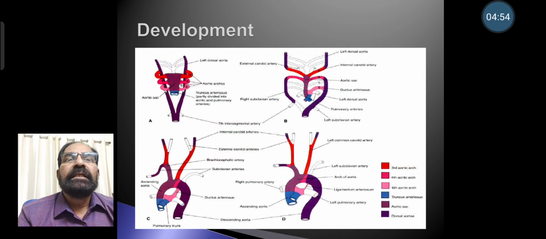So you can see the 4th aortic arch giving rise to the part of arch of aorta between left common carotid and left subclavian. On the right, you can see that it is giving rise to proximal part of right subclavian artery.